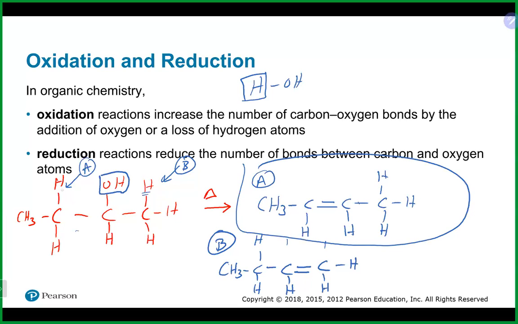So we do take it off the one with the least number of hydrogens. So this guy has 2 hydrogens to begin with. This guy had 3 hydrogens to begin with. So we would want to take it off the guy there on the left and make our double bond between those 2 carbons. So it does happen when you do a dehydration of an alcohol that there could be a choice as to where you pull the hydrogen from.